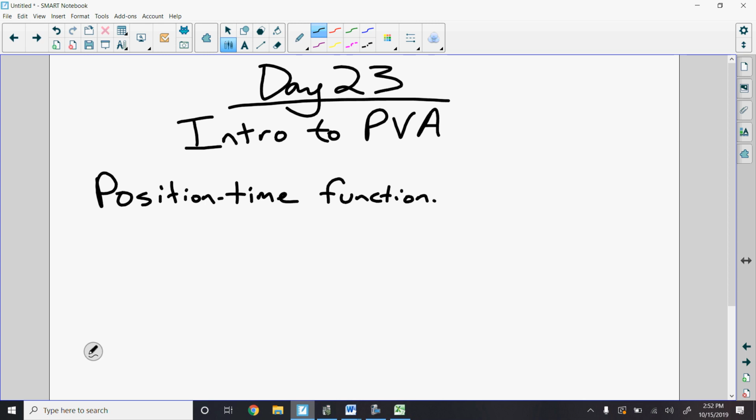There are three different functions that we use for position time. The three most commonly used are x of t, y of t, and s of t.